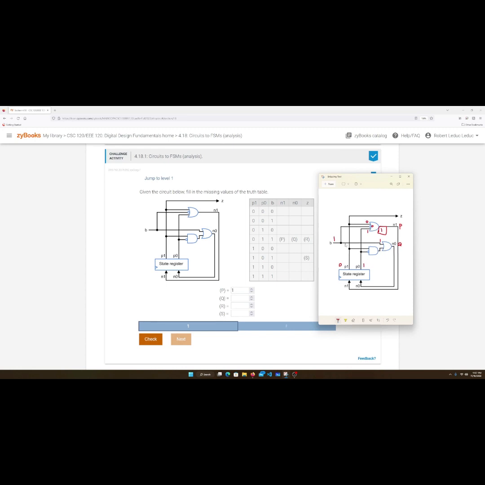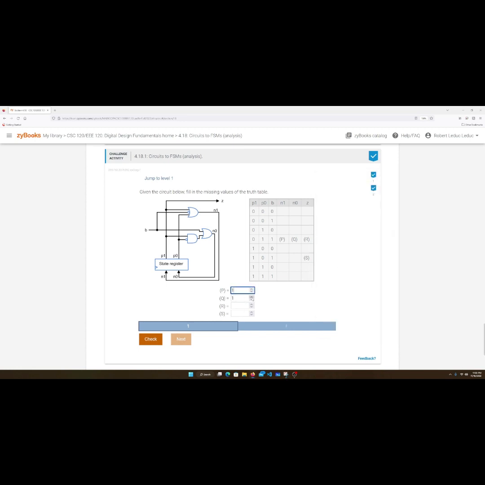But let's finish the analysis. Here P1 has a value of 0, which means this AND gate is going to have a value of 0. The other input is inverted, so that's going to be a 0. But that's okay. We know this is going to have a value of 1 because the input straight to the OR is 1. So now we know our value of Q is 1.